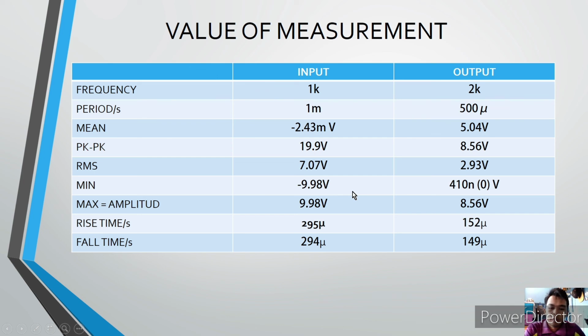And lastly, for the rise time and fall time, the input signal is greater than the output signal. Next, for the observation, full-wave rectifiers are most commonly used in rectification because they are more efficient compared to half-wave rectifiers.